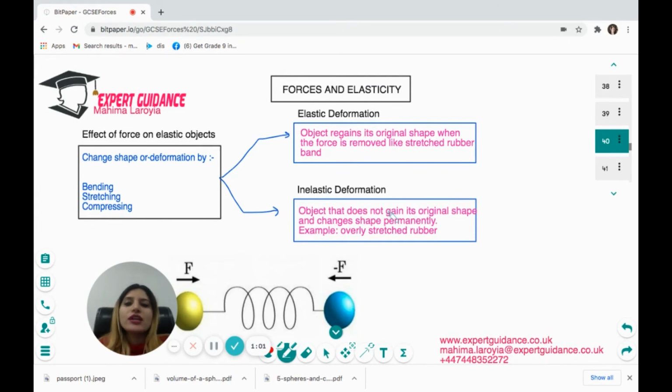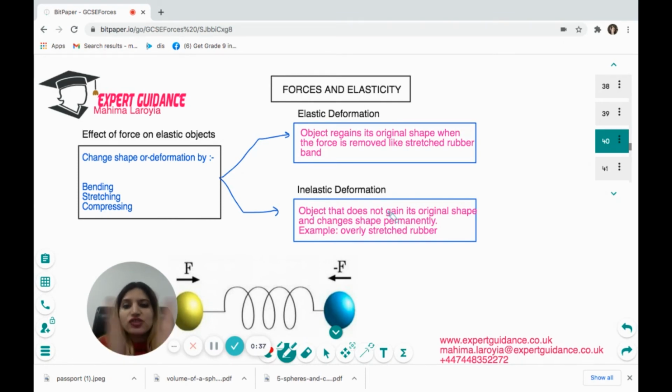Now let us move on to the relationship between forces and elasticity. We know when we apply a force to any object, it can either move or come to rest, but there's a third thing a force can do. It can change the shape of the object, so it can cause bending, stretching, and compressing of an object. Now, the deformation could be elastic.